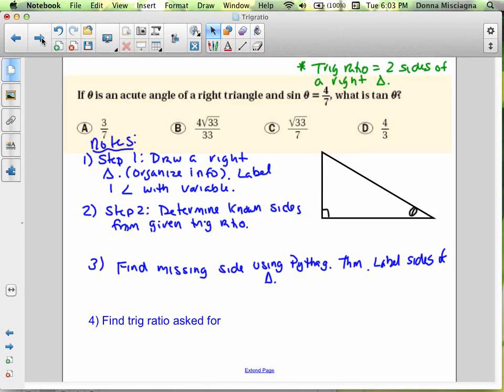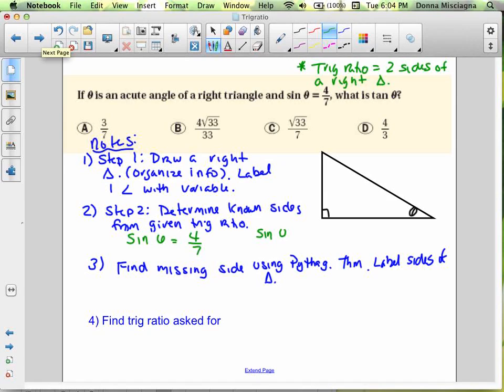All right, so we want to determine the known sides from the given trig ratio. We've got our triangle, we labeled an angle, we're given sine theta equals 4/7. We know that sine is opposite over hypotenuse, as I just went over on the last slide. That means that 4 must be the opposite side and 7 must be the hypotenuse.